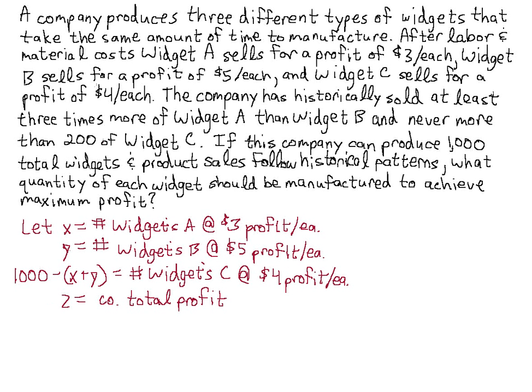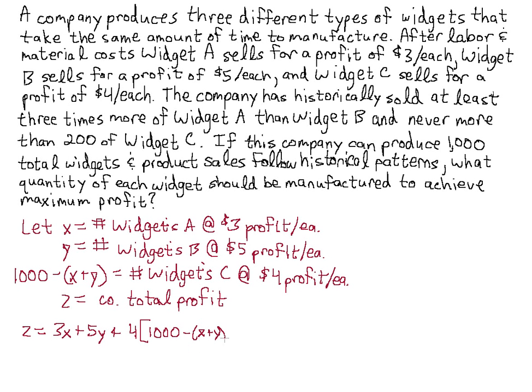So we can say that Z, our total profit for the company, equals 3 times X, because widget A is produced at a $3 profit for each one, plus 5 times Y, because we're getting a $5 profit for each widget B produced, plus 4 times this expression, 1,000 minus (X plus Y), because this expression defines the number of widget C produced. So 4 is going to be multiplied by this entire expression.